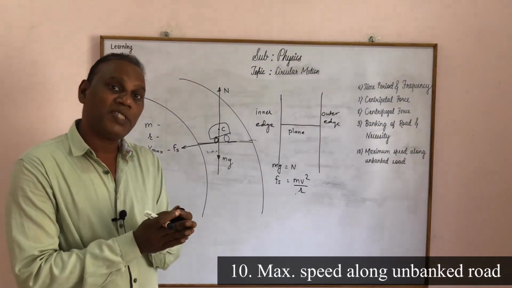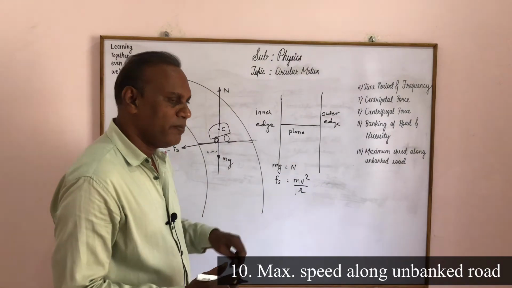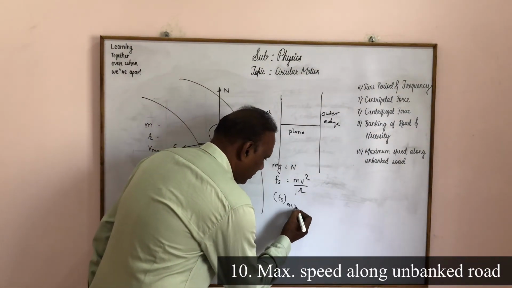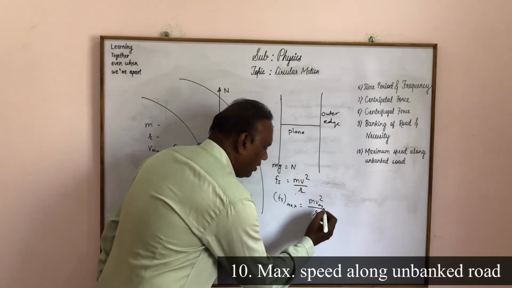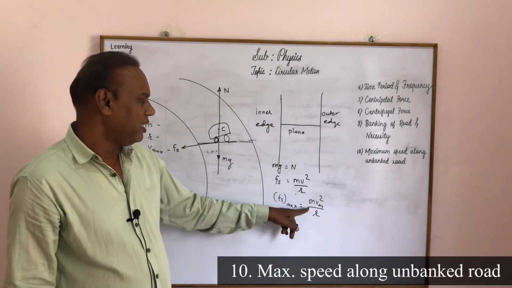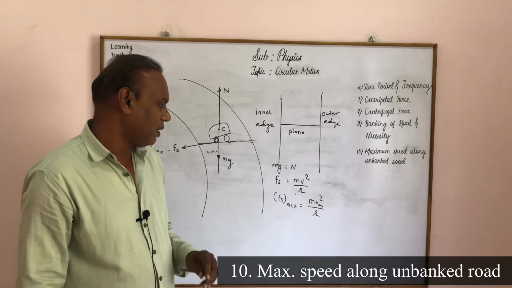But the frictional force has an upper limit, and at the upper limit the maximum speed is fs max equals mv square by r. And at this stage, the frictional force is balanced by the weight of the vehicle, or you can say normal reaction.